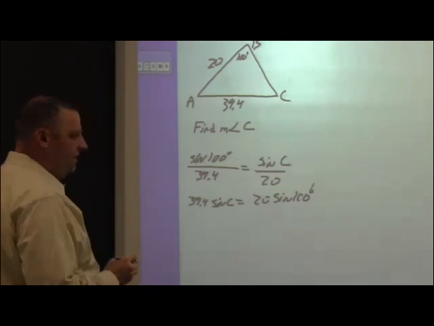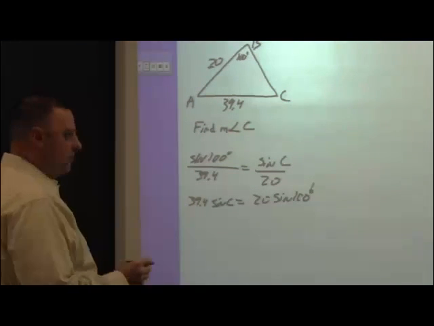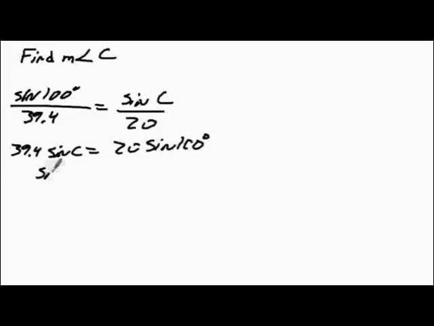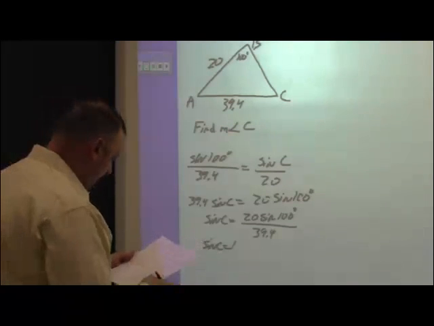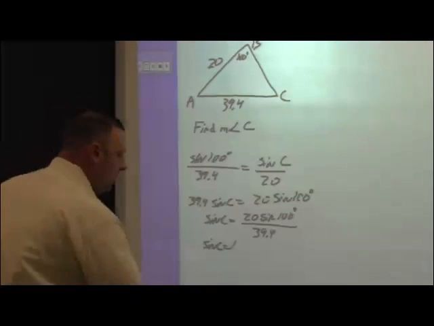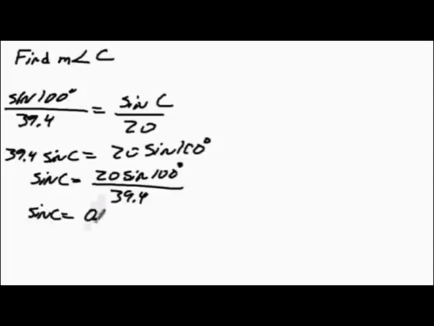Now to solve for sine of C, first of all, you've got to divide both sides by 39.4. So you're going to get sine of C equals 20 sine of 100 degrees divided by 39.4. You can take your calculator and do that math. And when I did that, I got 1/2 or 0.5.